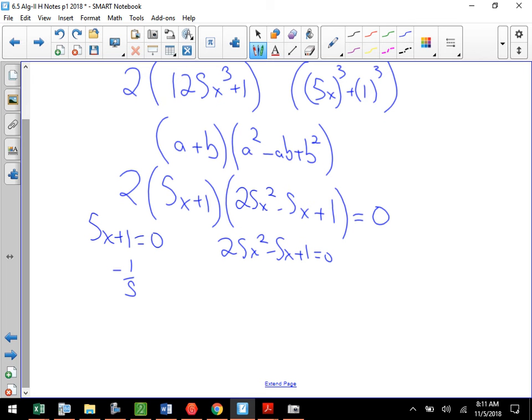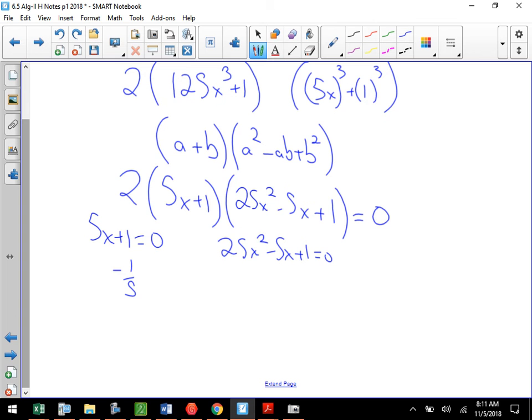The other one, what did I tell you guys you have to do when you have to factor that one? Quadratic formula. Okay. If you have to find zeros after doing a sum or a difference of cubes, you always have to use quadratic formula for that trinomial, because that trinomial will not be factorable. Okay?